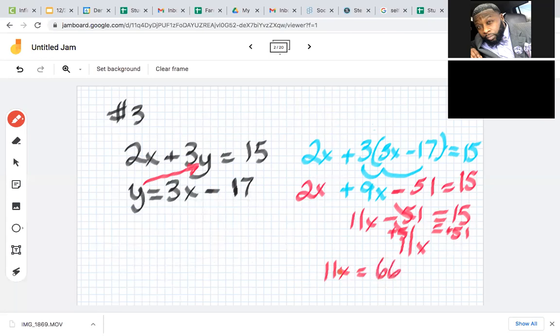Okay, 66. So what is the inverse operation of multiplication? Division, right? Wait 1 second. Let me catch up a little bit. And x equals 6. All right. So how are we going to find y? We got x as 6.